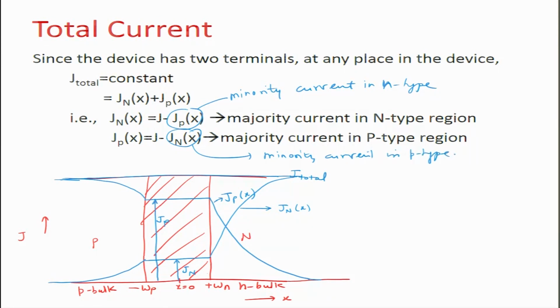So basically this would be for the region which is x greater than Wn, and this would be for the region which is x greater than or equal to minus Wp, right.